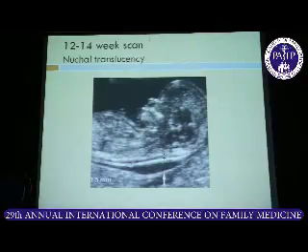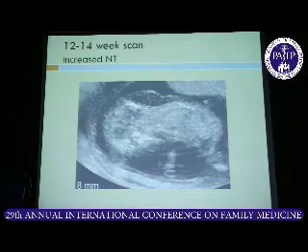Above it, between it and the fetal tissue, is the nuchal translucency. In this case, at 12 to 14 weeks, it is only 1.5 millimeters, so this is normal. On the contrary, the next slide shows you a larger area, about here at the back. This is the neck of the fetus. This is increased nuchal translucency.